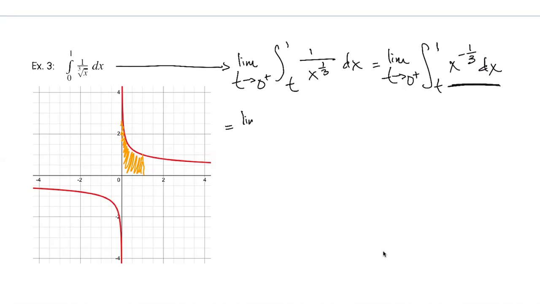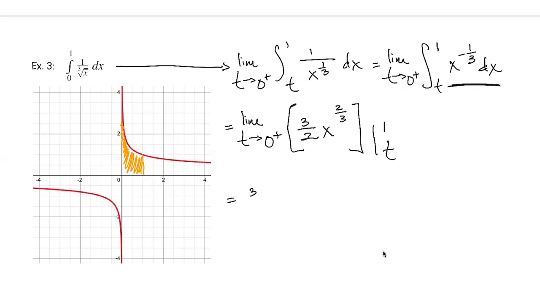And then all we need to take our integral is the power rule. So x to the -1/3 plus 1 is going to give us 2/3. And then the reciprocal of that is 3/2. I'm going to plug in 1. I'm going to plug in t.